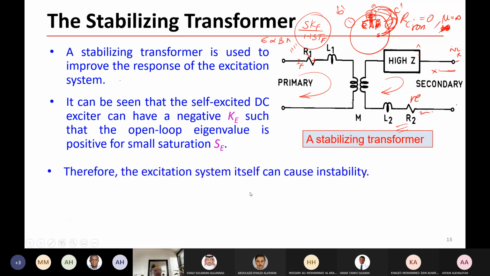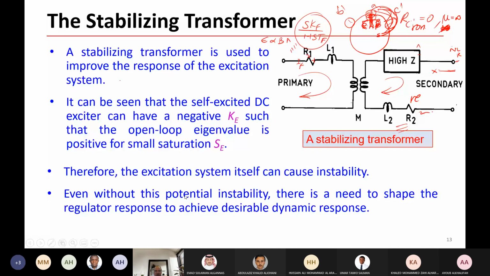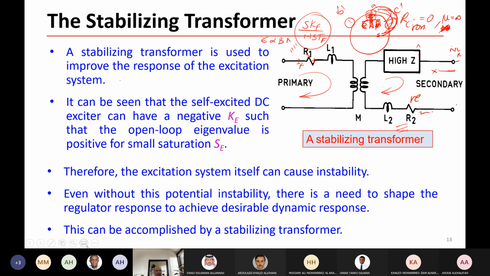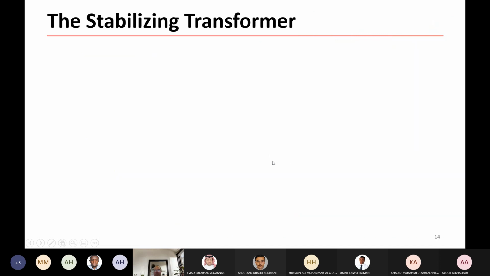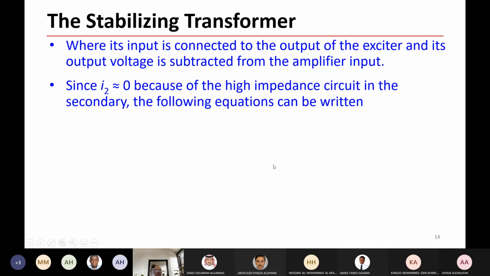Therefore, the excitation system itself can cause instability. Even without this potential instability, there is a need to shape the regulator response to achieve desirable dynamic response. This can be accomplished by the stabilizing transformer. Let us analyze the circuit where its input is connected to the exciter output, and its output voltage is subtracted from the amplifier input.